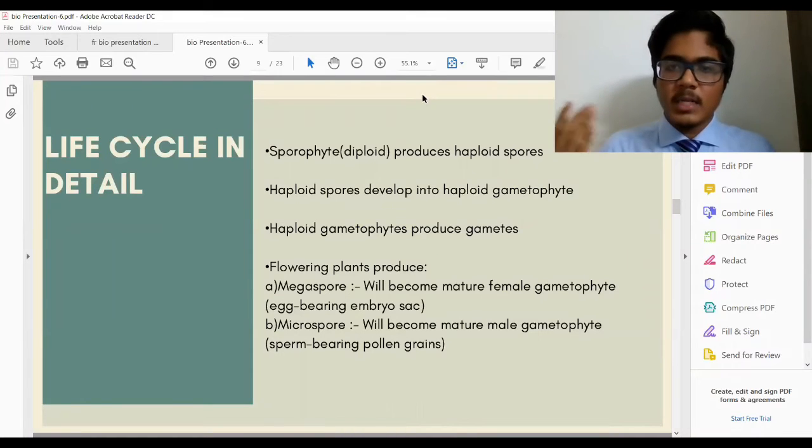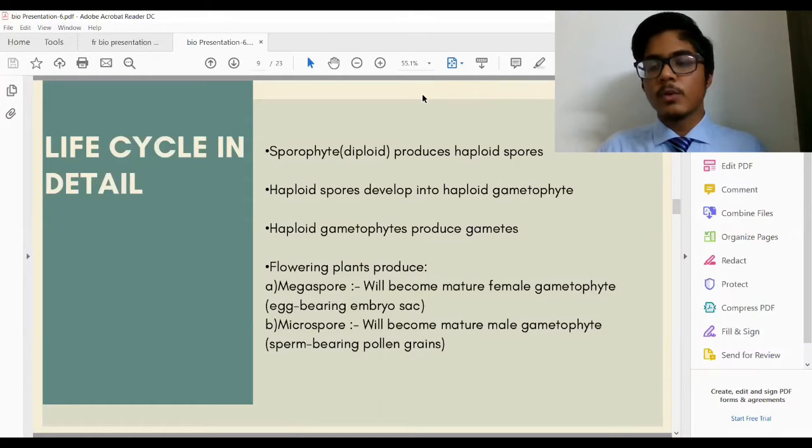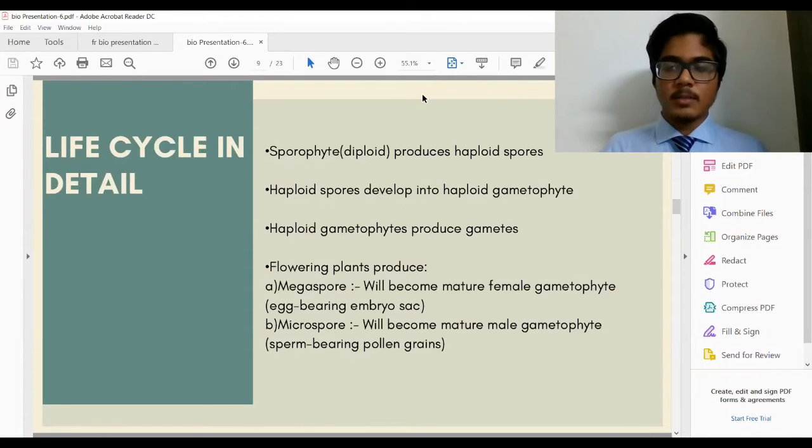Sporophytes, which are diploid, produce haploid spores. These haploid spores then eventually develop into haploid gametophytes, and these haploid gametophytes are the ones producing haploid gametes, which would fuse to form a new diploid organism in time to come. Flowering plants are heterosporous, which, as the name says, means they have more than one type of spore.